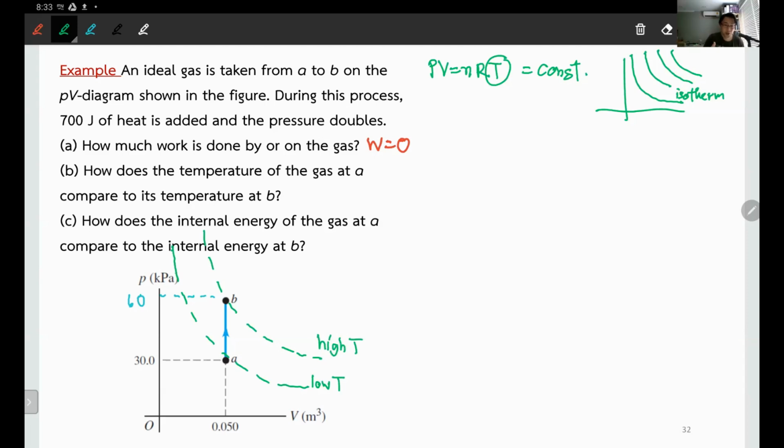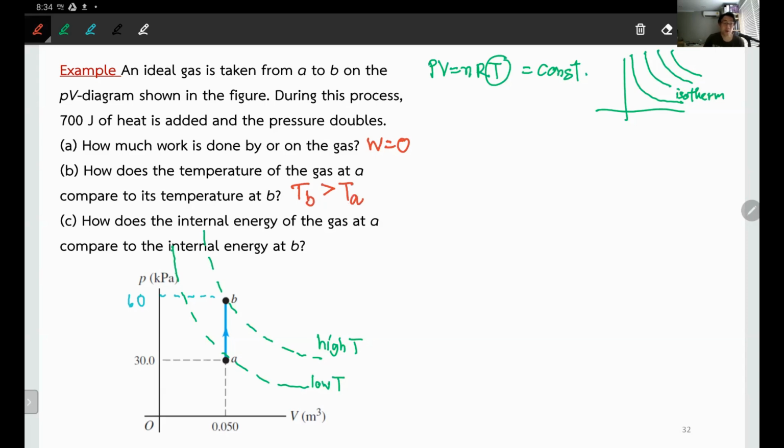So going straight up from A to B, you jump from a lower isotherm to a higher one. That means definitely the temperature will increase. So T at B is going to be greater than the temperature at A.